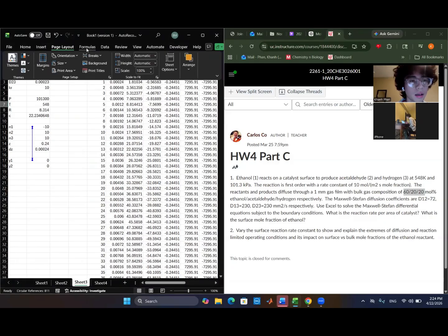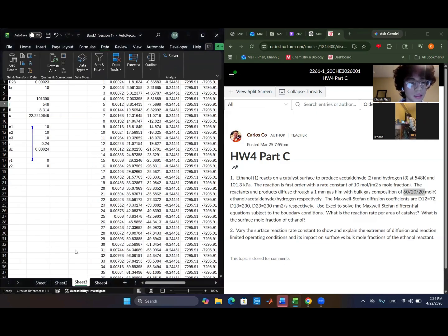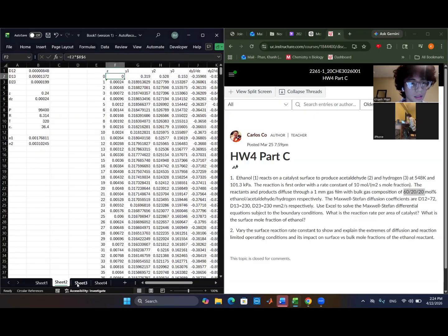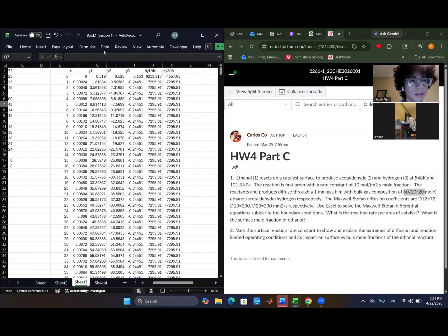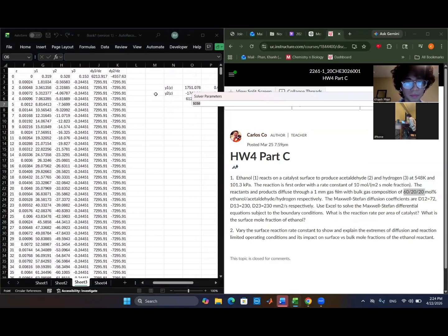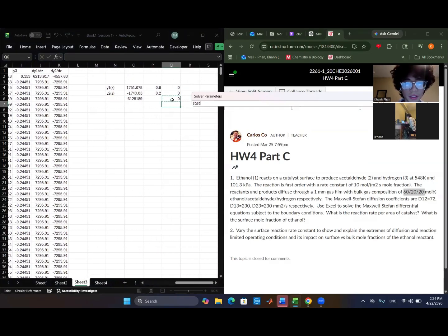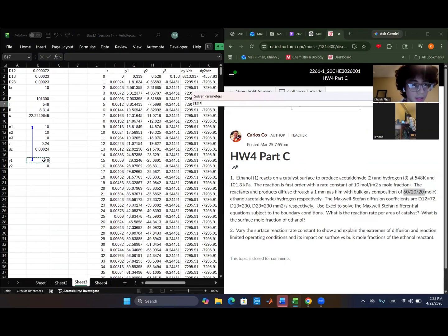All right, and now I'm going to use a solver to help us solve this equation. Let's see. Data, solver. Let's set this as our objective, with the changing variables over here.